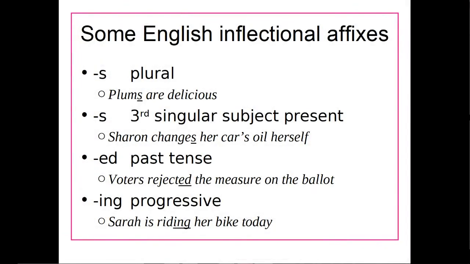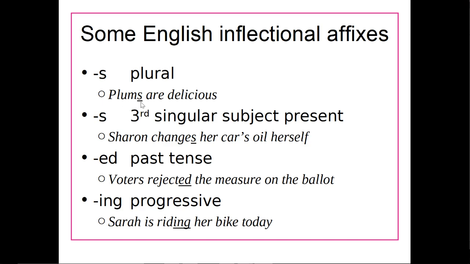Examples of inflectional affixes in English include the s in plural. We add on the s to the end of plum and say plums are delicious. It's not changing the class of plum from a noun to a verb. It's staying a noun. We can predict that it'll change it from talking about one plum into talking about multiple plums.